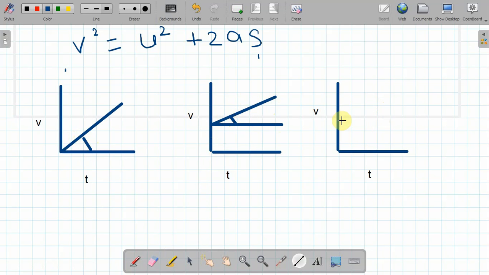Here is one more scenario, like this. This will also give you acceleration, but the acceleration will be 0. Why? Because the slope is 0. It is not making any angle with the x-axis. The angle between two parallel lines is always 0. So this is how in any velocity time curve the slope will give you acceleration. Now suppose the same concept we move forward like this.